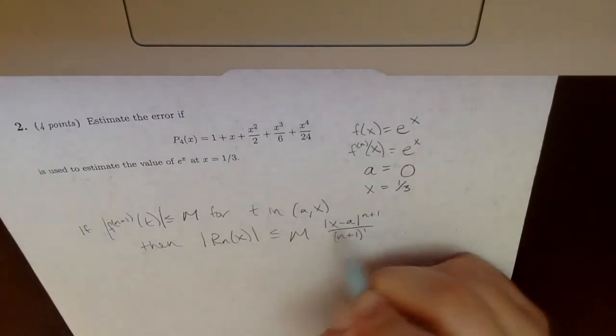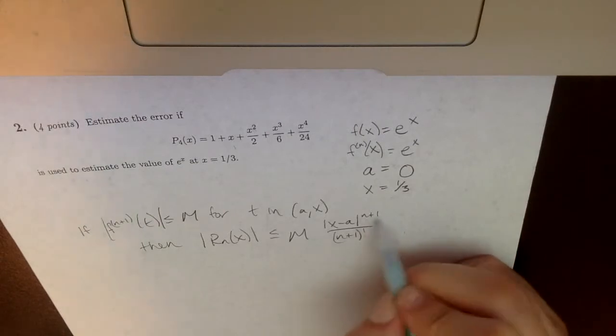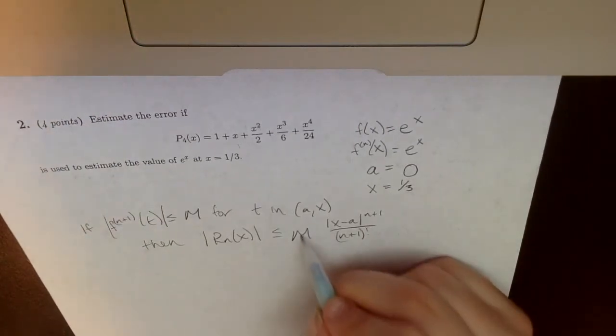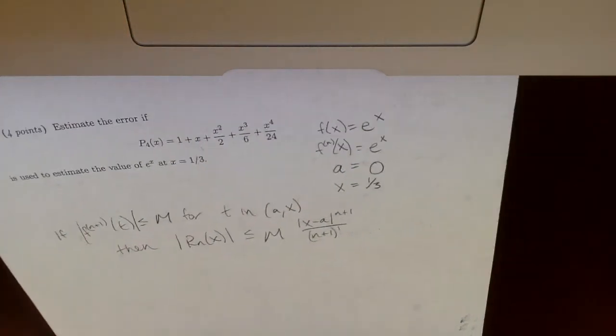This is the length of our interval raised to the n plus 1 power over n plus 1 factorial, times what our derivative is bounded by.